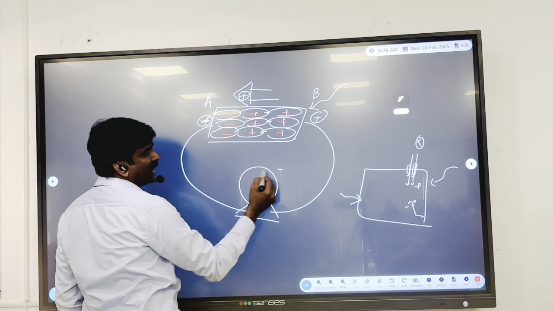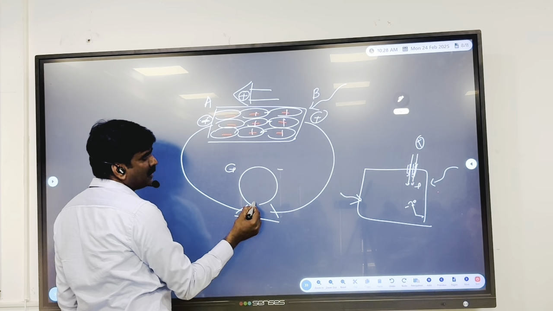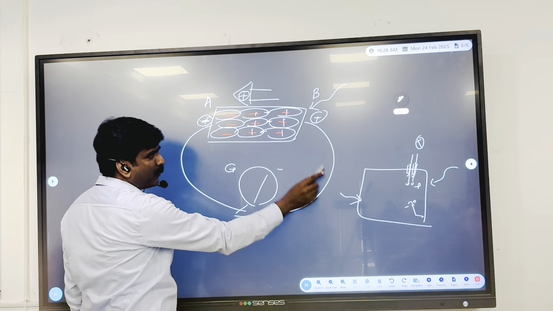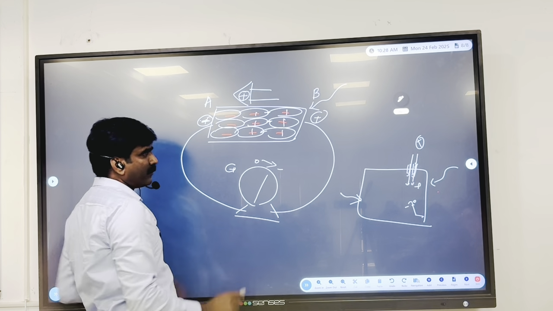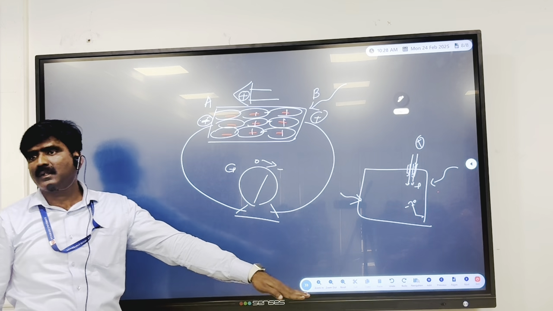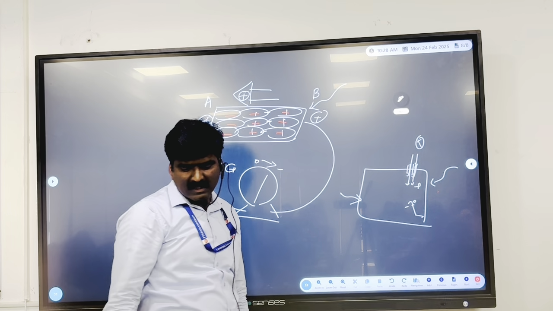So this is the negative side and this is the positive side. What will happen? The needle will deflect in the opposite direction. Right? So write down the fifth principle.